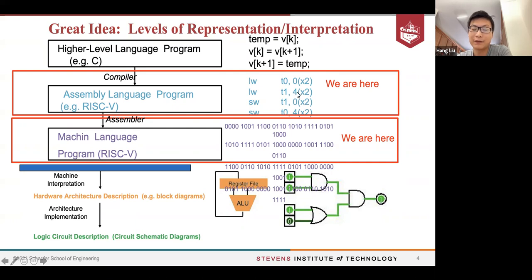We're going to discuss this kind of addressing later today in this lecture. Load it into T1, and then you store what you loaded into T1 to 0(X2). So T1 previously from 4(X2) is stored in 0(X2). And then T0, which previously was loaded from 0(X2), you store in 4(X2). This is like a swapping, right?